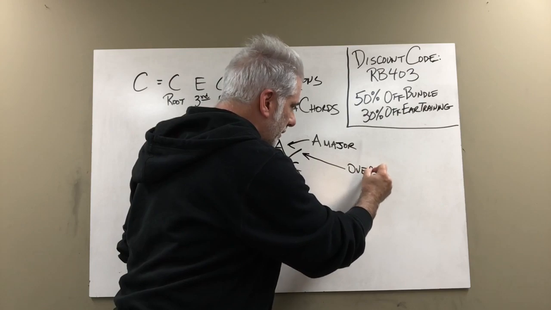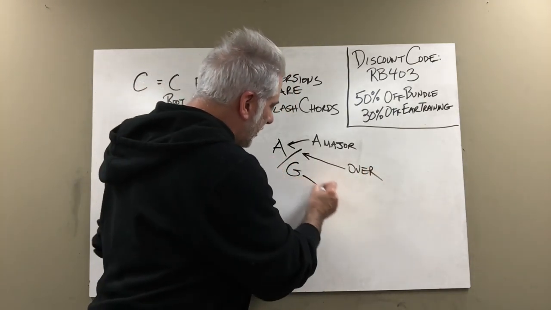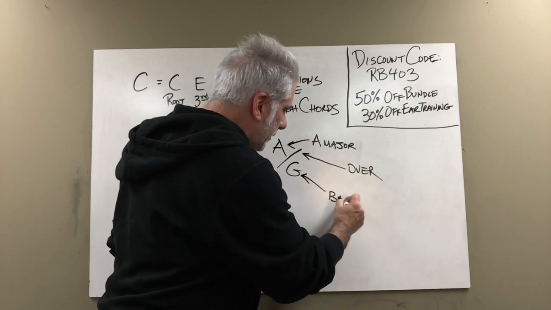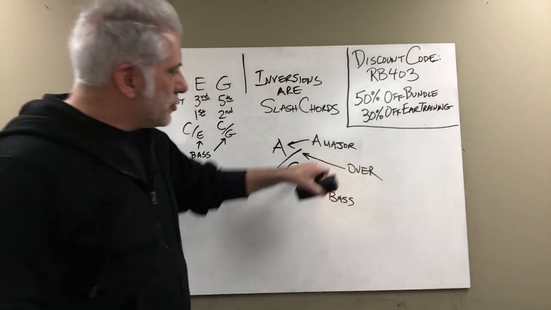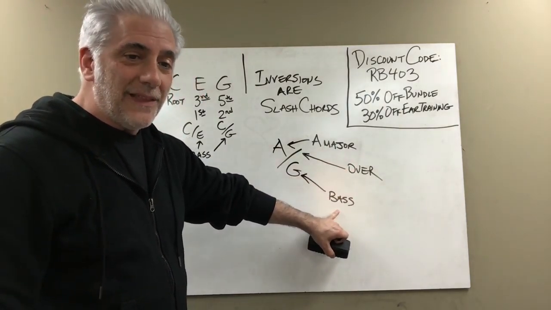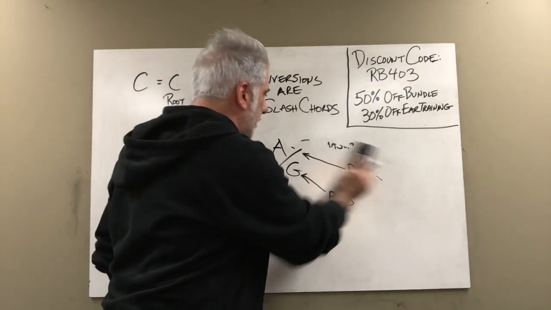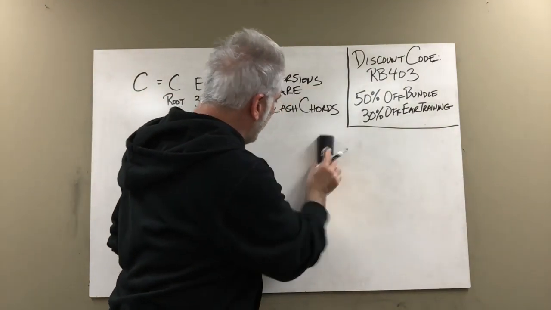That's why we say A over G. G is in the bass. That's your bass note. That's why it's called triads over bass notes. That's why they say this A over G, or slash chord. But a lot of people just call them slash chords, okay? So that was In My Life.